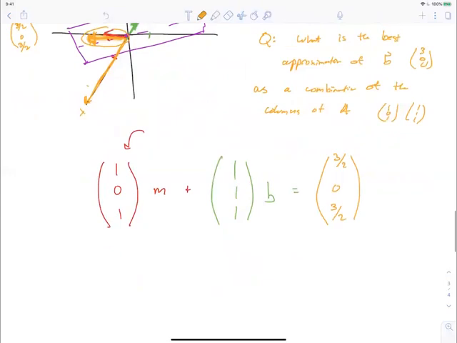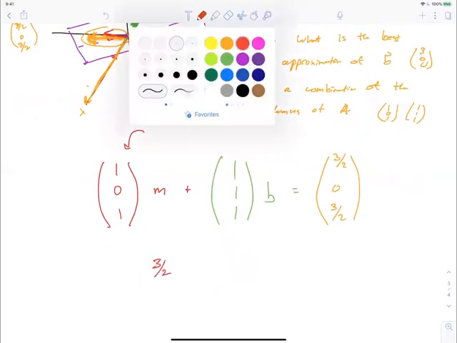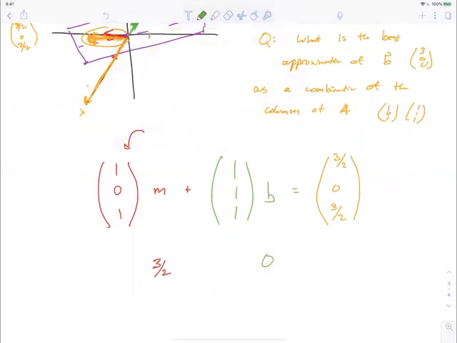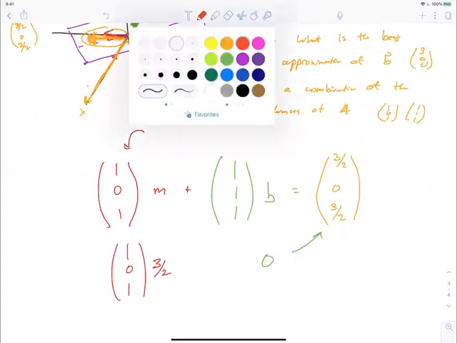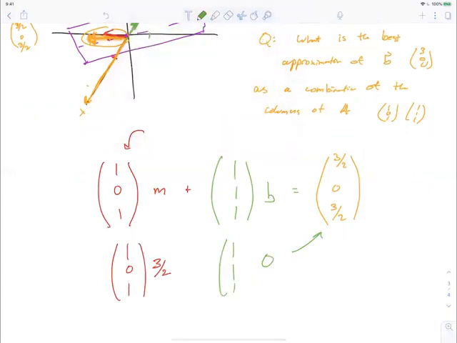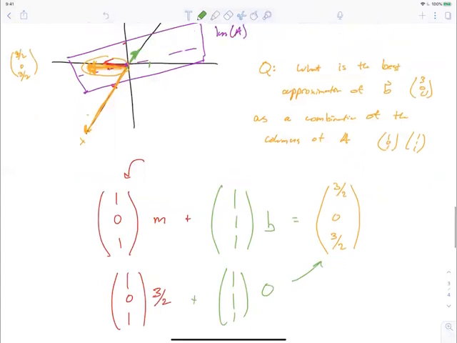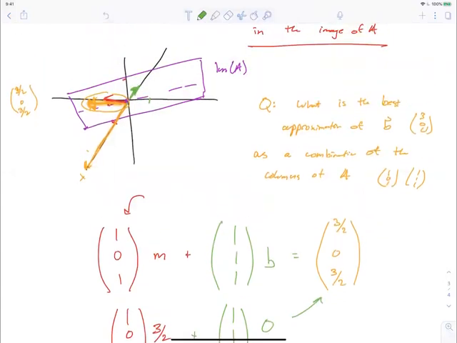That means we had to use 3/2 for M and 0 for B to get this vector. And this is now consistent. So in some sense, the coordinates of the vector using the basis of the columns, using our data, give us what the M and the B are. That's how we got M and B. So this is another way of interpreting what's actually going on in the context of linear algebra.